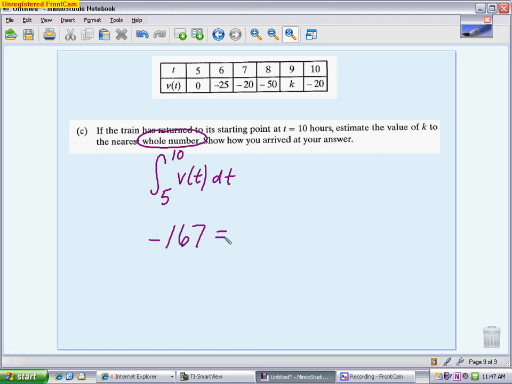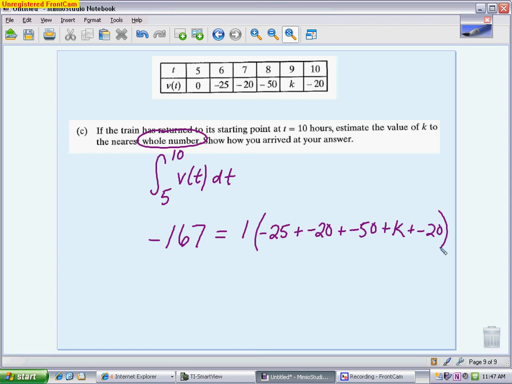So I started this problem and I did a right Riemann. I looked at the table and thought, well, I don't really want to use 0. Maybe 0 will throw it off. So I'm going to use a right Riemann. And when I do my right Riemann, what I see is that each of my widths are 1, so I don't even need to write that. And then I use negative 25, negative 20, negative 50, k, and negative 20.